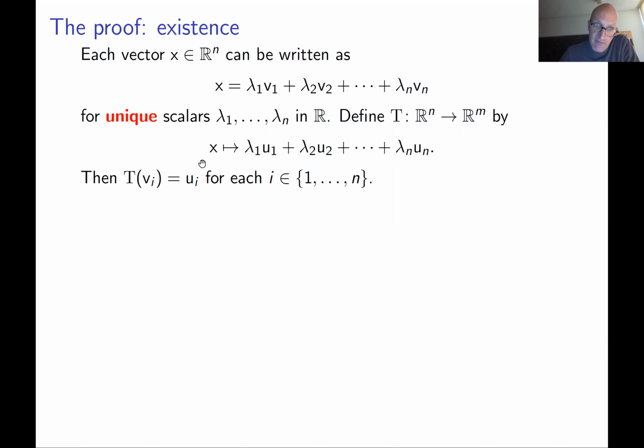Similarly, v2 is mapped to u2, and vn is mapped to un. So this function, which we just defined, clearly satisfies the initial condition of the proposition, but we have to check that this function is linear.